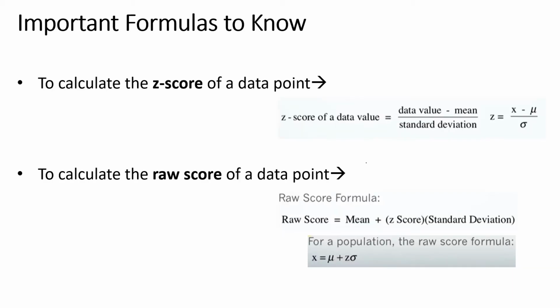Okay, z-scores and normal distributions. There are a couple formulas that you need to know in order to calculate either a z-score of a data point or the raw score of the data point. We have a very poorly drawn circle around the formula you need to calculate the z-score, and then, pretty simple, the raw score formula for a population.